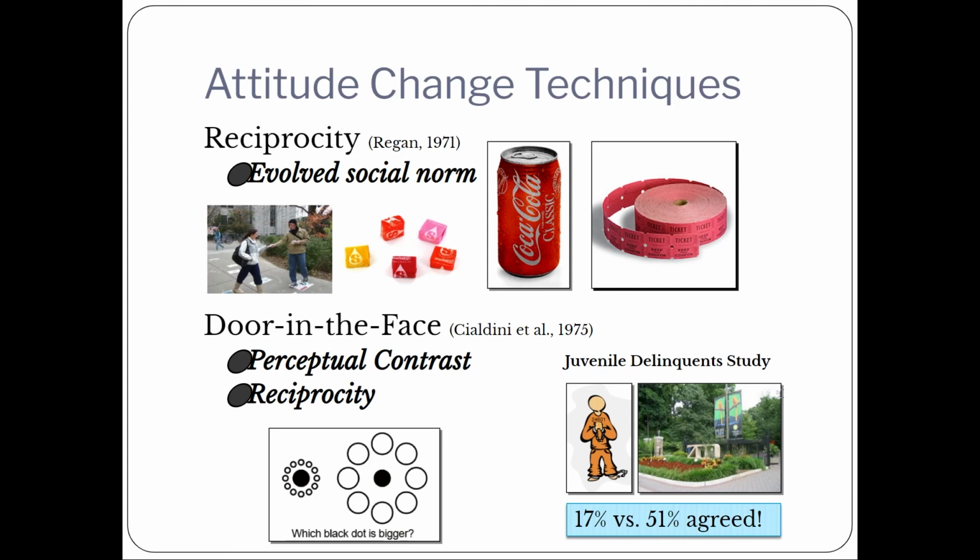When we ask somebody for something and they say no, and we back down, getting less than what we originally wanted is a form of a favor. It's a form of gift to the other person. So it makes the other person feel the need to reciprocate by agreeing to the request, or by trying to meet us in the middle.